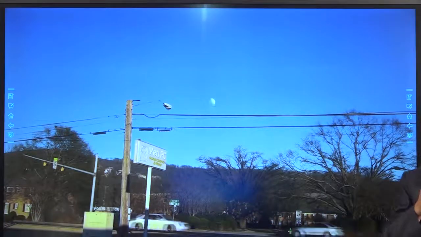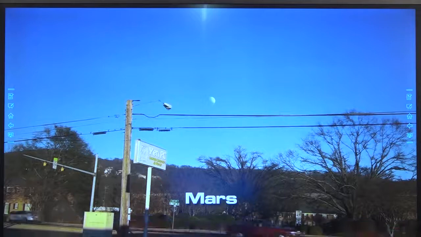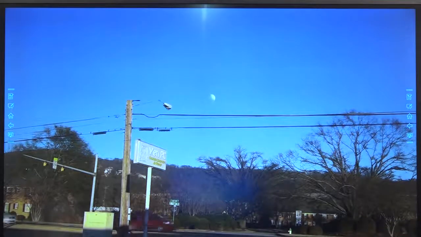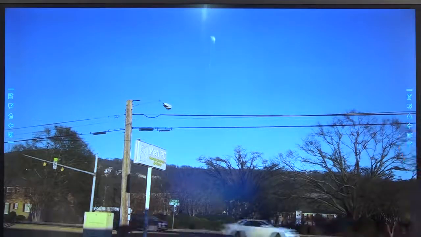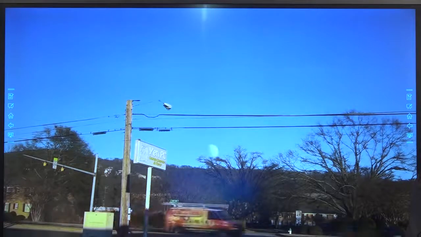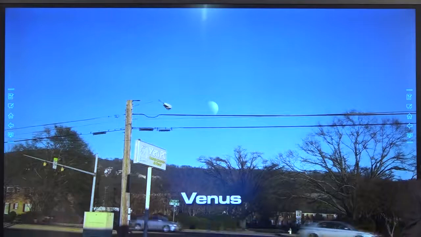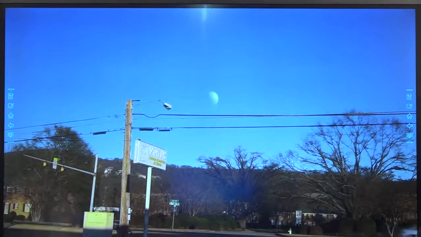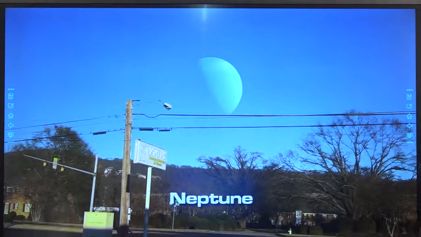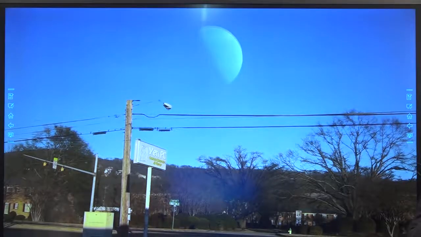This is how moon is seen. Then Mars. This is how Venus will be seen. This is how Neptune would appear. Our life would continue, but these things will move.